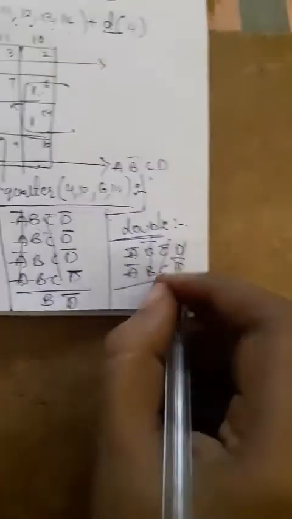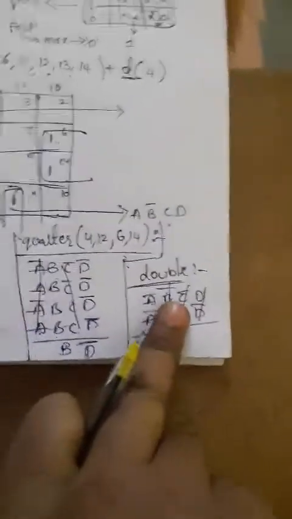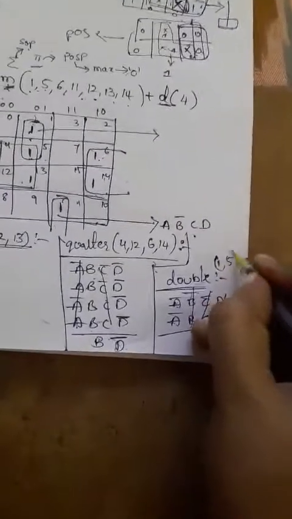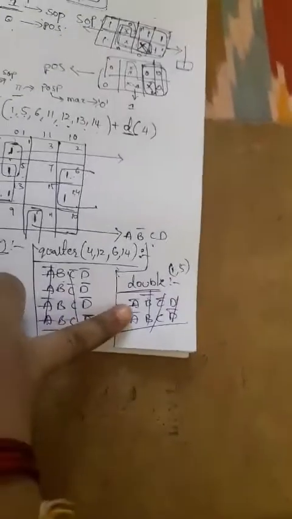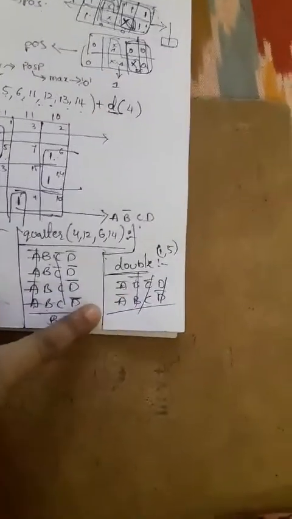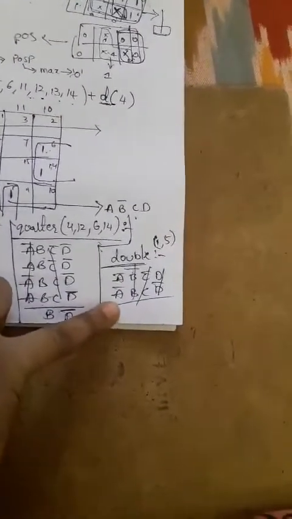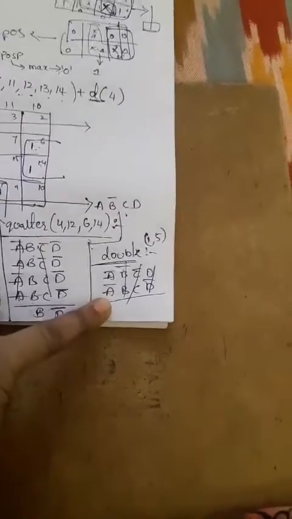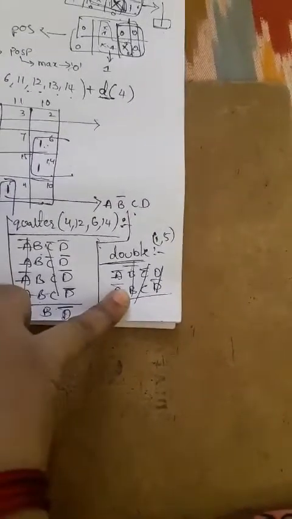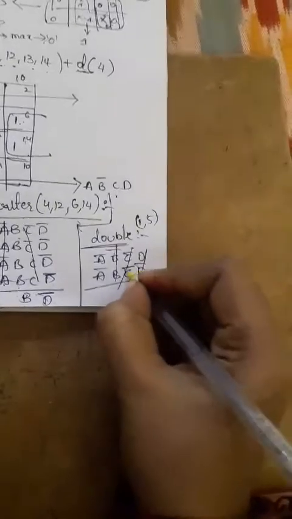just check it, is it right or wrong. The first one is double, for that the cell numbers are 1 and 5 actually. So write one expression, 0 0 0 1, that means A complement B complement C complement D, that is correct. And next for 5, 0 1, that means A complement B, and again 0 1, C complement D actually.